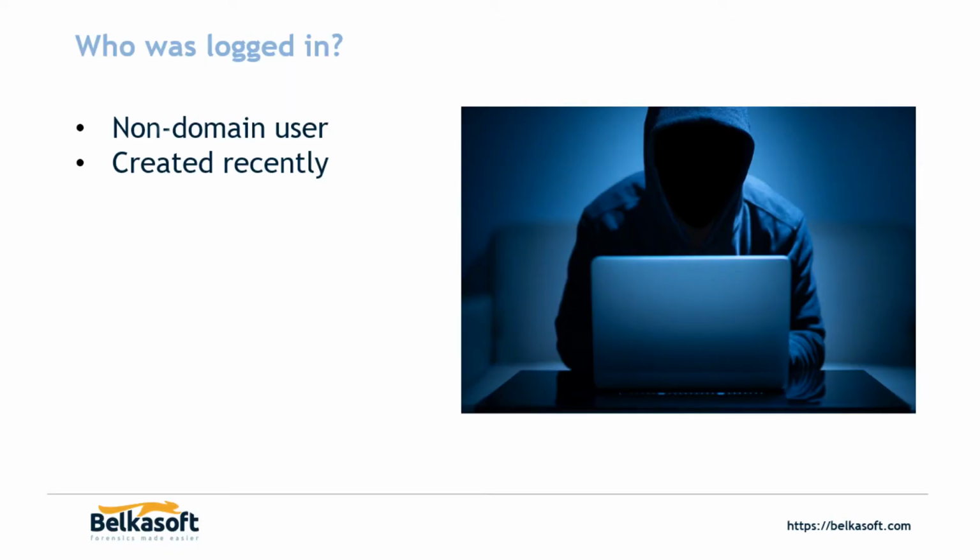What surprised the examiner is that the currently logged user was not from the domain. It was a local user. This is a definite sign to start using Belkasoft's incident investigation module, because the appearance of a local user smells like a hack, at least for a company like Company A.